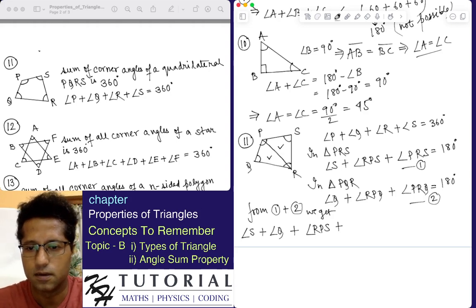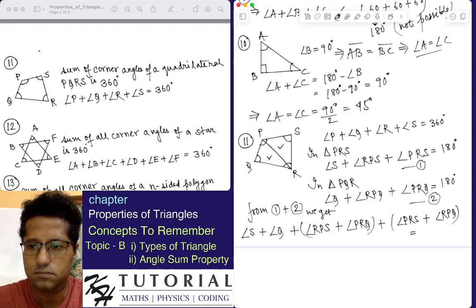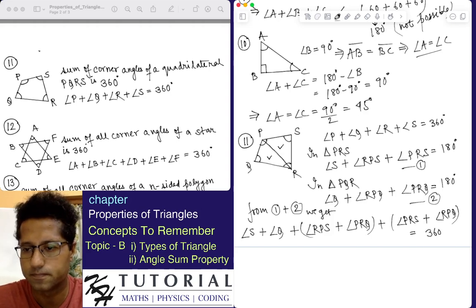Let's combine the angles RPS and PRQ, and we are left with the angles PRS and RPQ. On the right hand side we will get 180 plus 180, that is 360 degrees.